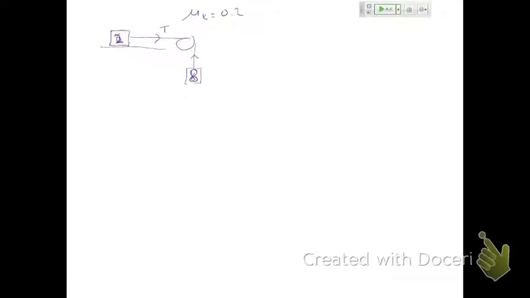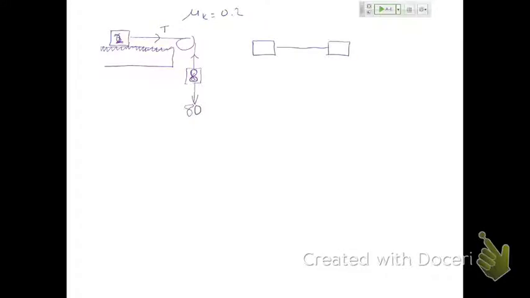So we have a friction-filled table, so let's just show it like that. I want to find the tension, so the first thing I do is draw this as a free body diagram, just as normal, and I go back to my original diagram to get my numerical values.